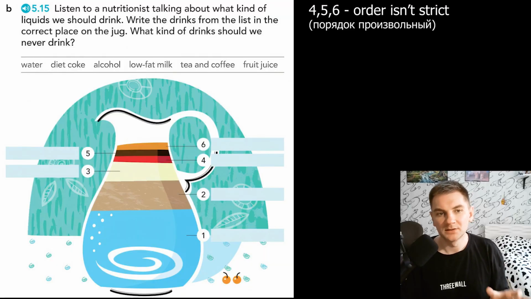Part B. Listen to a nutritionist talking about what kind of liquids we should drink. Write the drinks from the list in the correct place on the jug. What kind of drinks should we never drink? Actually, the task is quite simple. You need to listen to the audio and put these words into these gaps 1, 2, 3, 4, 5, and 6.